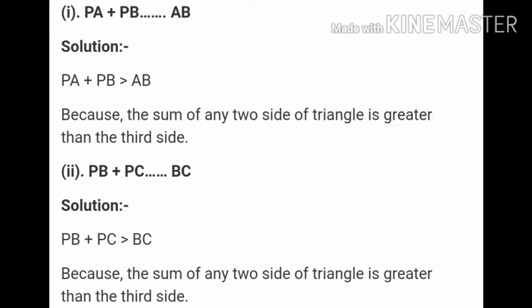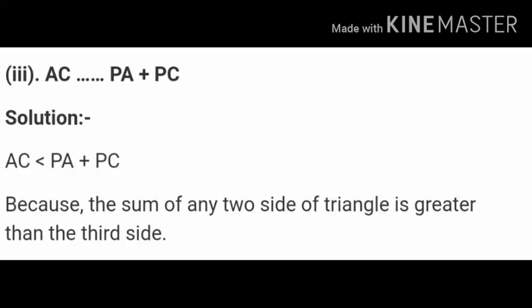So here the first one will be greater than. If we see the second one, it is the same thing: the sum of the two sides will be greater than the third side. Next, the third one is asking about AC.